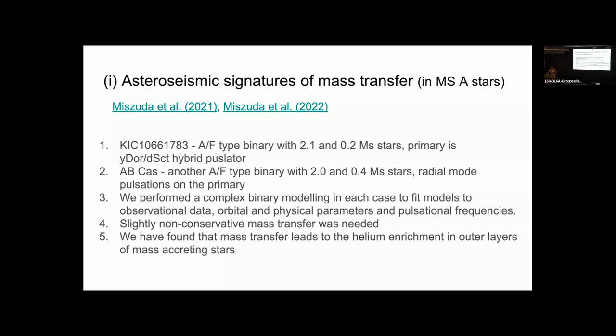But we also found that the mass transfer can actually lead to helium enrichment in the outer layer of mass accreting stars. And that last comment has a profound impact when it comes to studying pulsations of mass accreting stars.